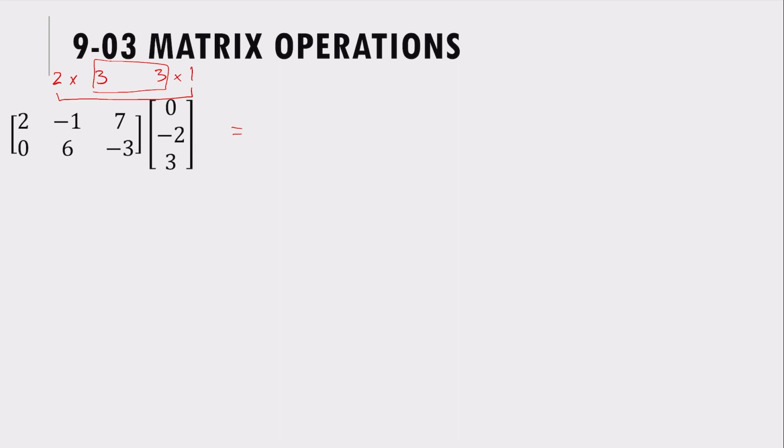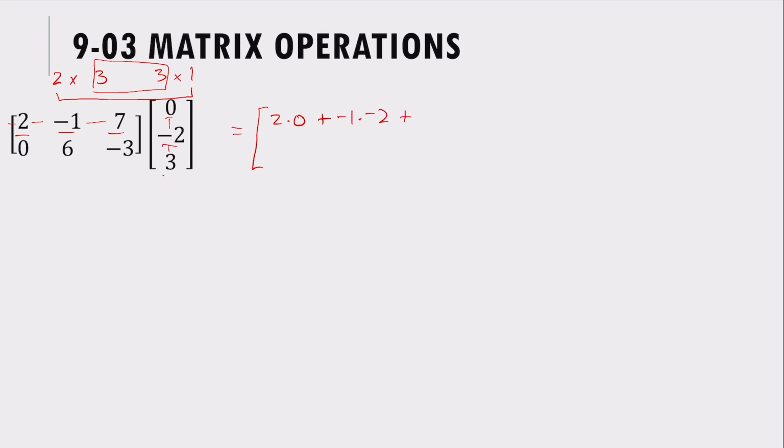To multiply, pick a row, like the first row here, and a column. So it's always a row in the first, a column in the second. And you multiply the first number, so 2 times 0, plus, multiply the second numbers, negative 1 times negative 2.